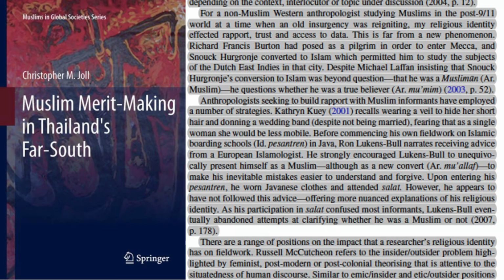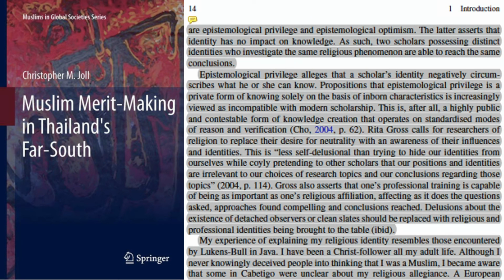I then refer to a number of ways that religious outsiders have represented themselves to the people they are studying. For example, there are some famous examples of Westerners who have written accounts of Islam who either converted to Islam or who posed as a Muslim in order to get access, and there are a number of other anthropologists who have made different decisions about their own religious identity.